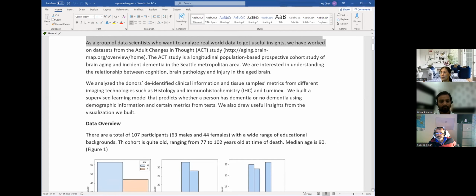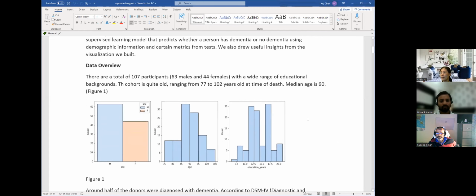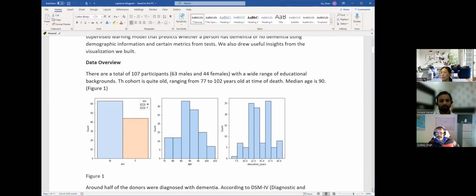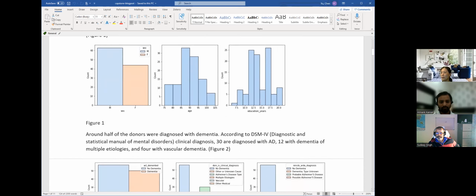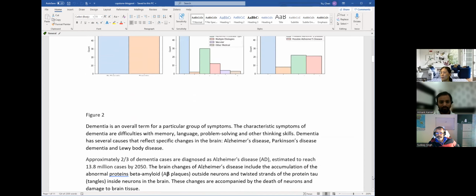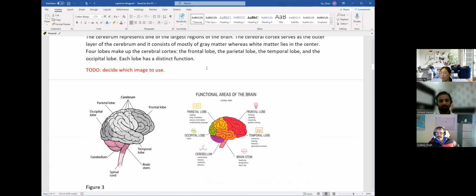Next section is the data overview. We had some analysis on the distribution of different data in the donor information, and also we talked about some background of the terminologies of the data set.